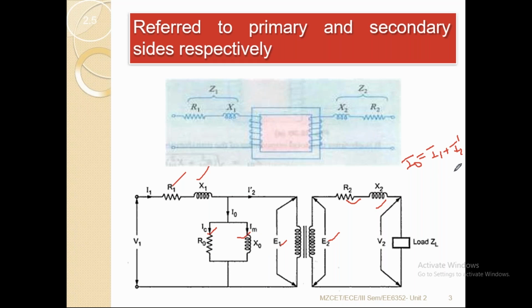These losses deal completely with current, so to supply these two losses you need to increase the current. So I0 is equal to I1 plus I2 dash, or else I2 dash is equal to I1 plus I0. Whatever you need, you increase the primary current to supply the voltage.